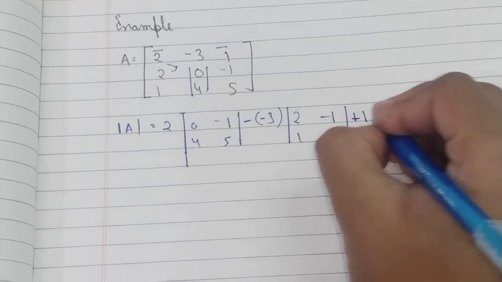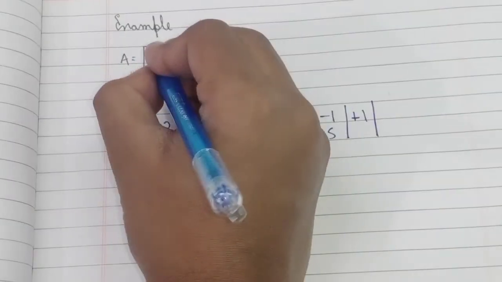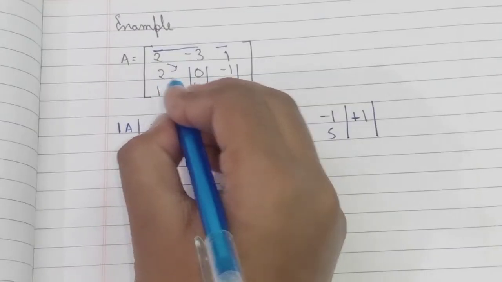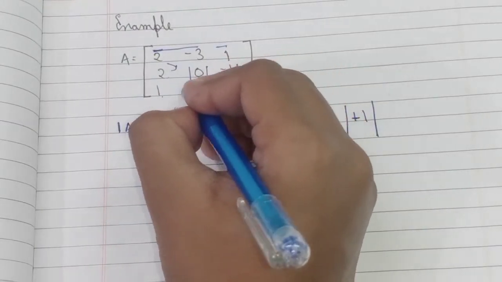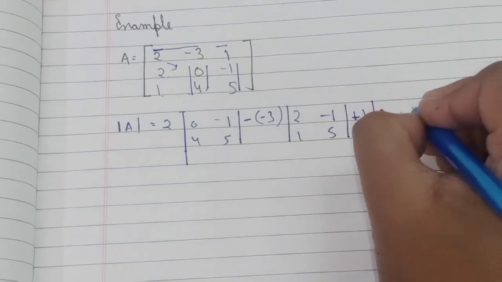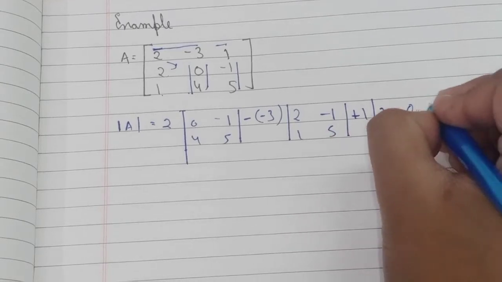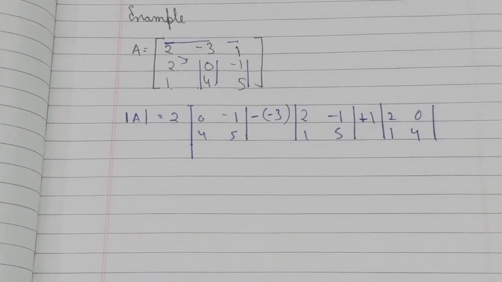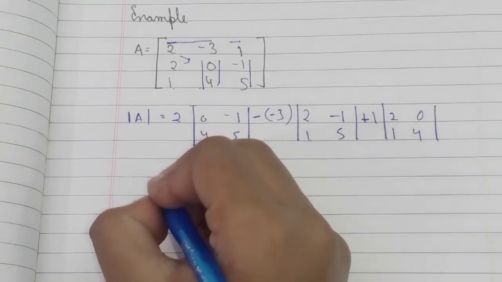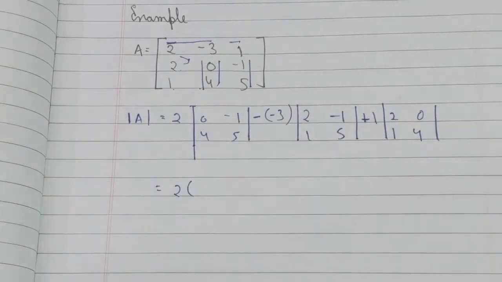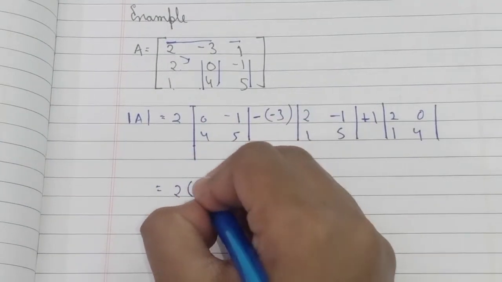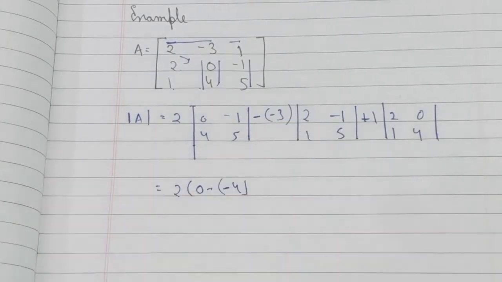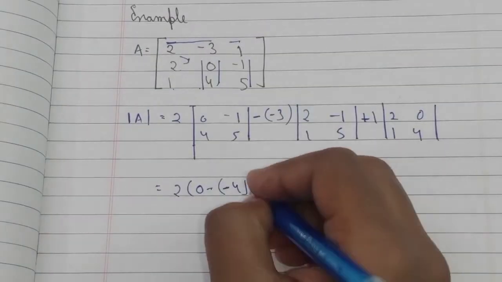Plus this is 1, so 1 times, now ignoring 2 and 3 and minus 1 and 5 here, we are left with 2, 0, 1 and 4, the diagonal of this. Now we expand this using the Leibniz formula, so we get 2 times: 5 into 0, that's 0, minus 4 into minus 1, that's minus 4.